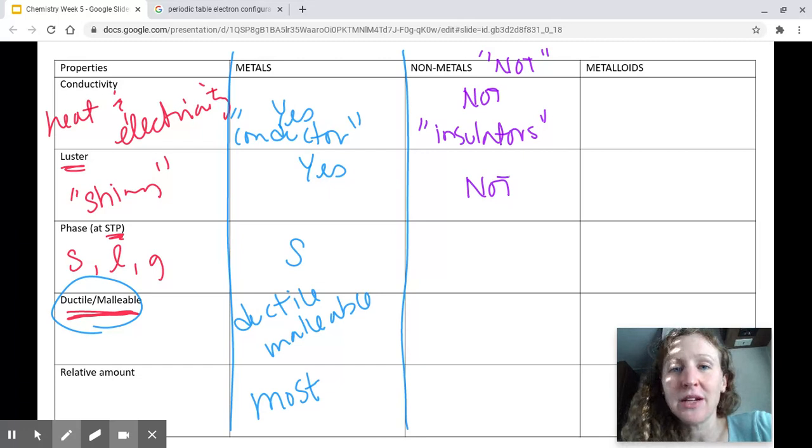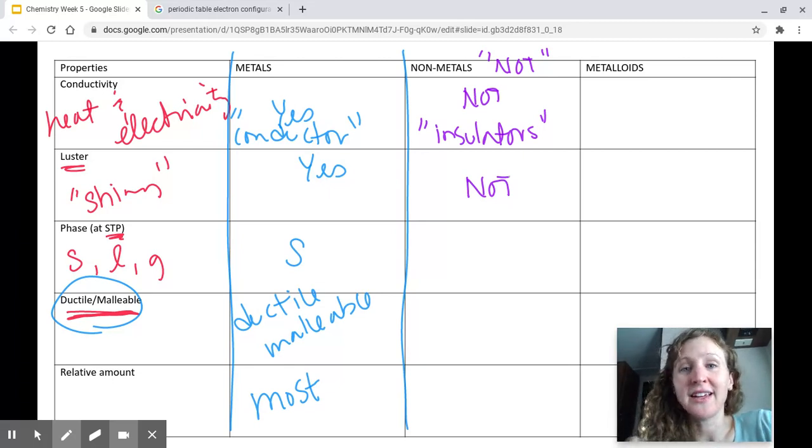Some nonmetals can be cut to reflect light, like diamonds or quartz, to be sparkly, but most nonmetals don't naturally reflect the light in the way that metals do.